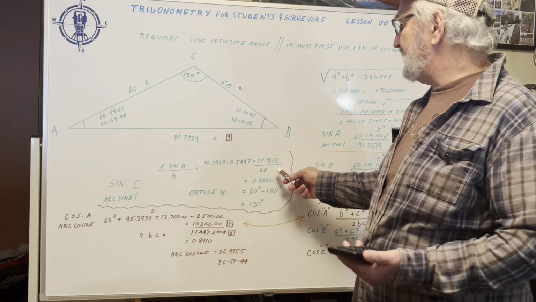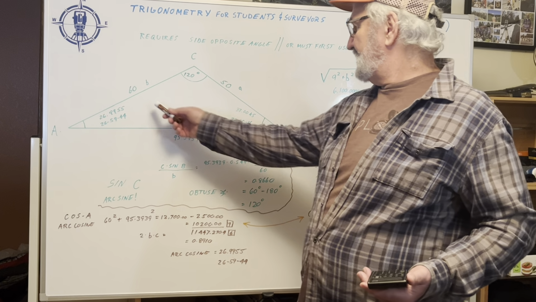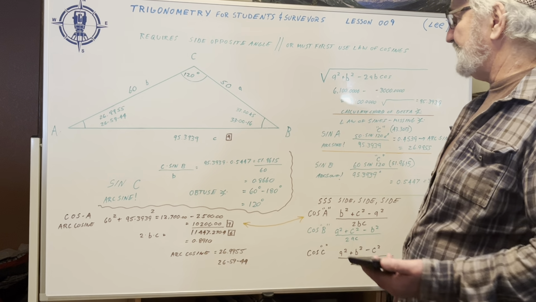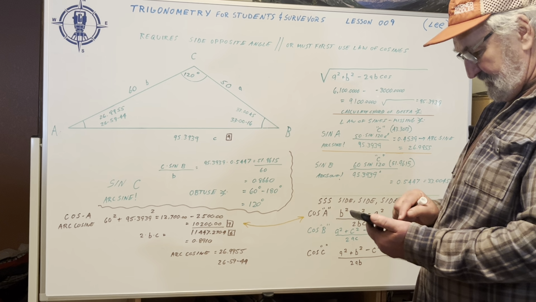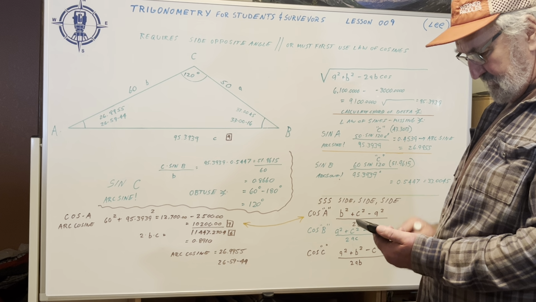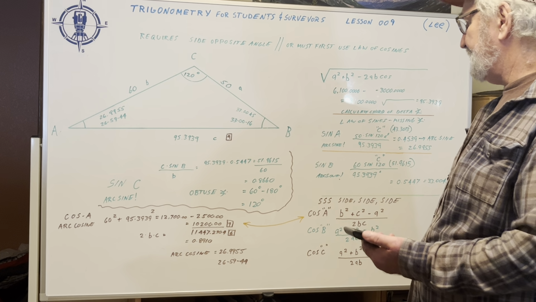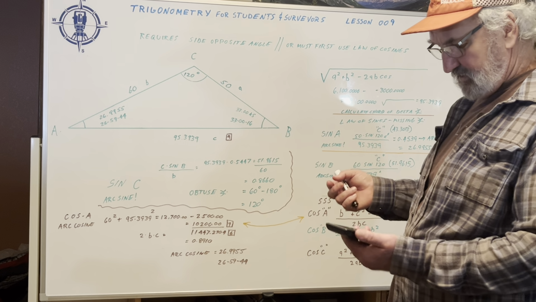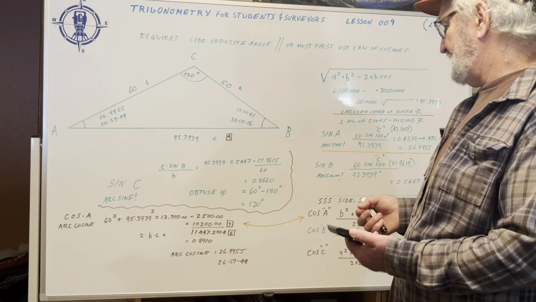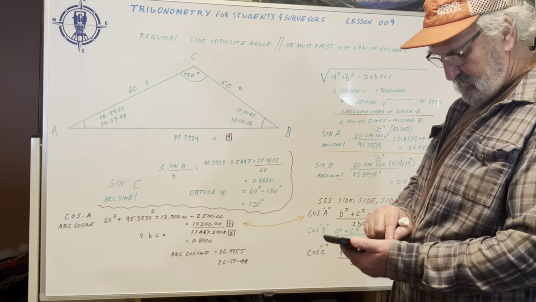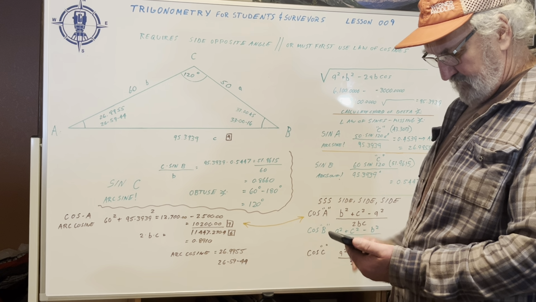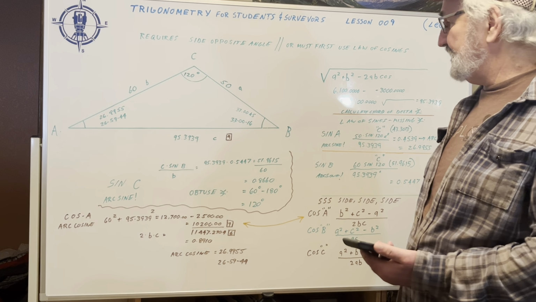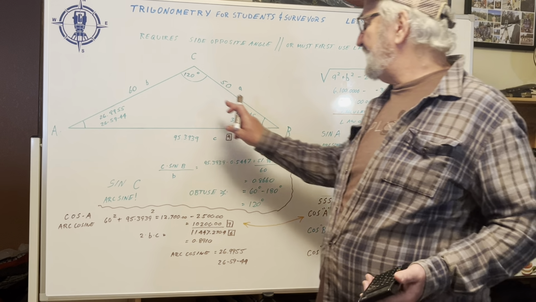Now we're dividing that by 60. Okay, so 60 divide 8660. Now we want the arc sine of that. So arc sine, and that gives me 60 degrees, not 120.